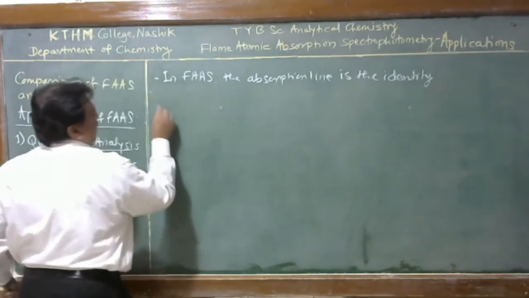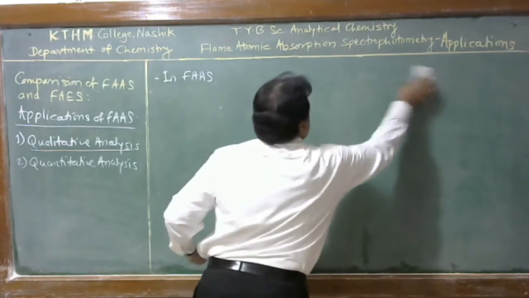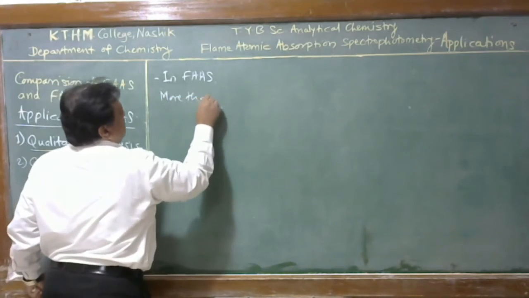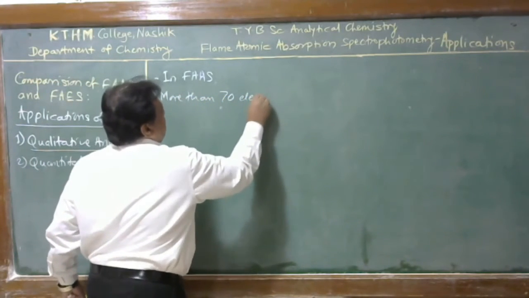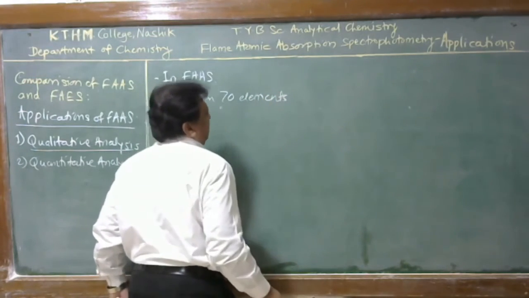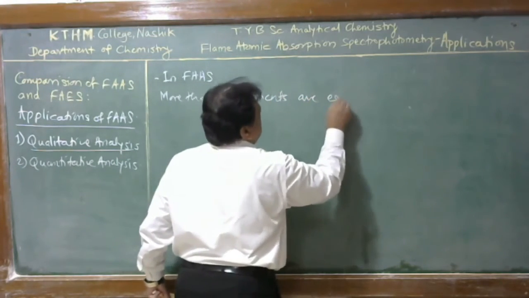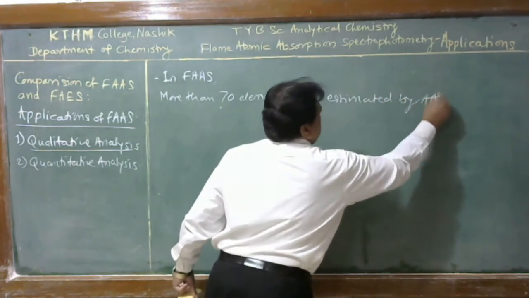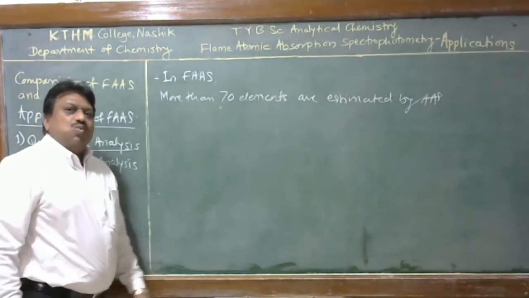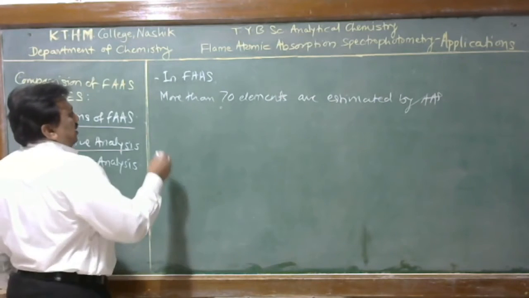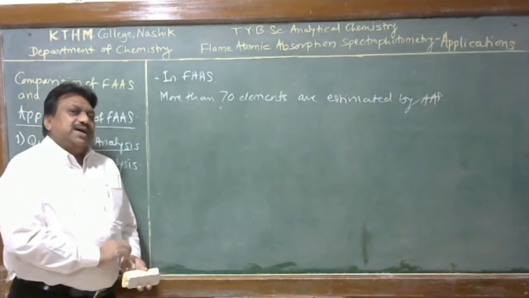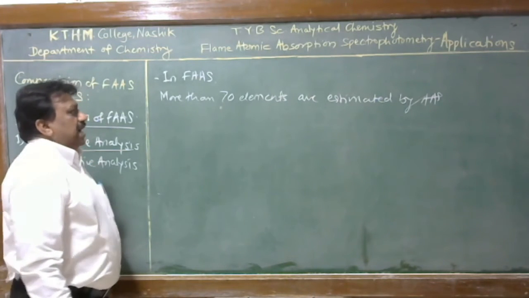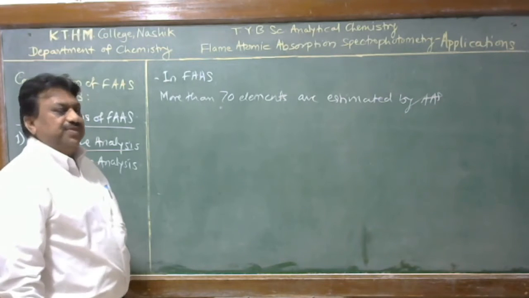More than 70 elements are estimated by atomic absorption spectroscopy using their own hollow cathode lamp. Therefore, by using a continuum source, we can identify the particular analyte, and their concentration up to the ppb level can be measured by constructing the hollow cathode lamp of the analyte.